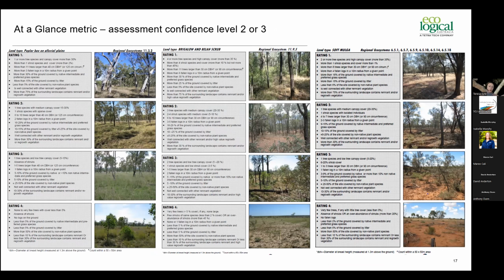So it goes to the 1, 2, 3, 4 type assessment, rather than an ordinal value between 0 and 1. It just goes straight to, yep, this is a rating 1. So it aligns with the ABCD type framework, where 1 is good and 4 is going to need a bit of work to get into more of a functional state for biodiversity.